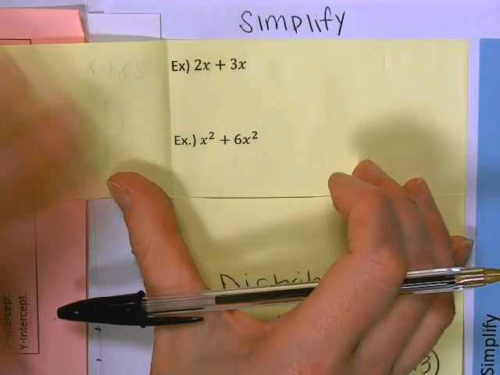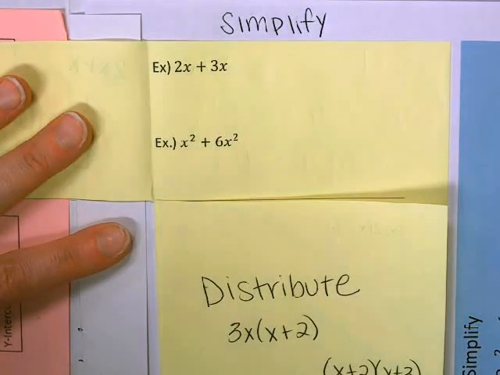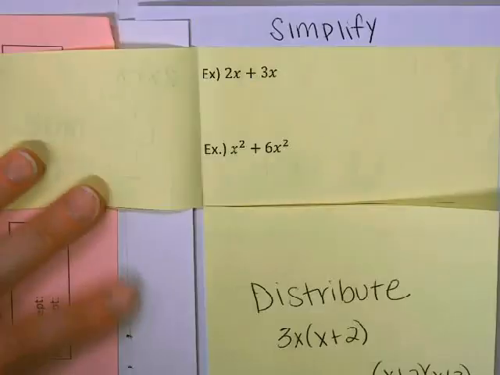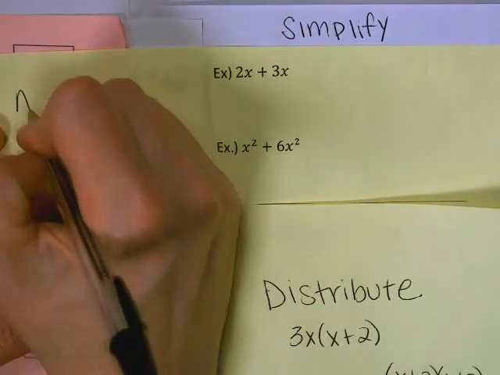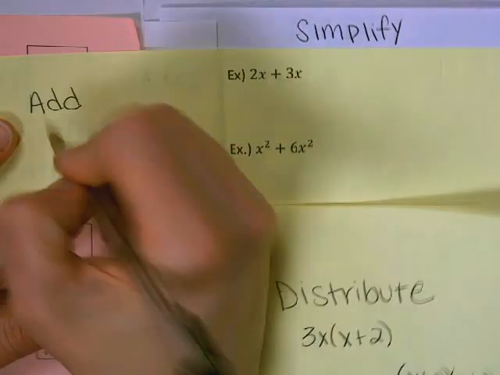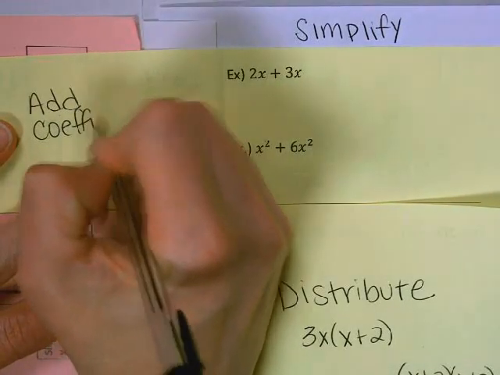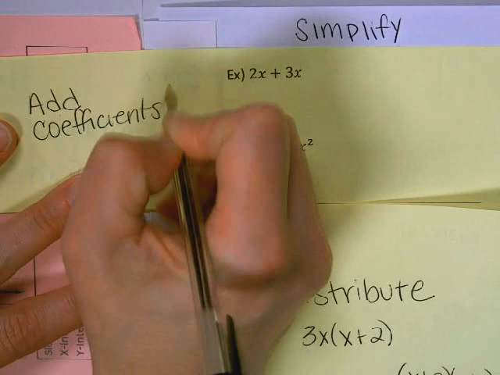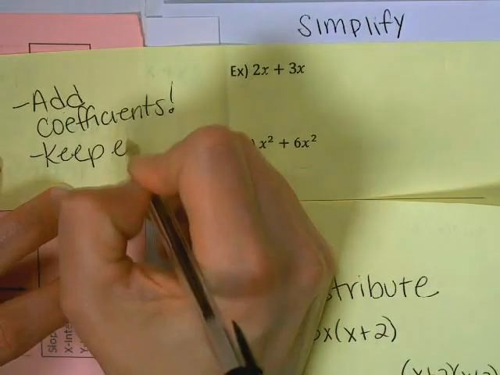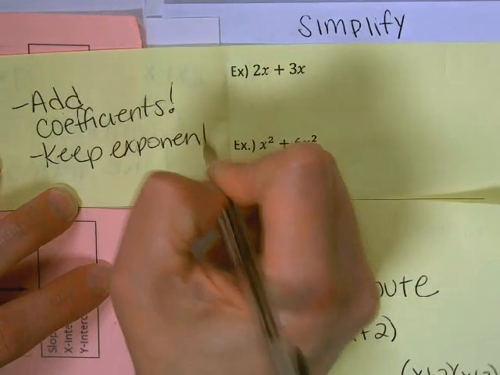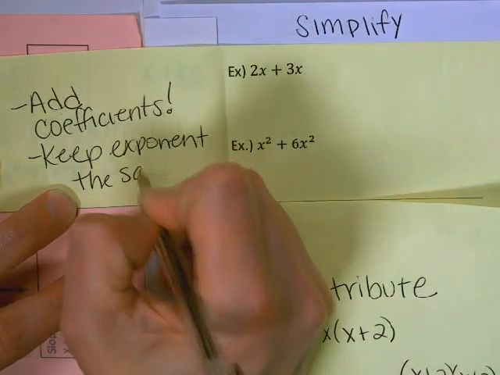For combining like terms, all you're going to do is add the coefficients and keep the exponent the same. So we add coefficients, and we keep the exponent the same.